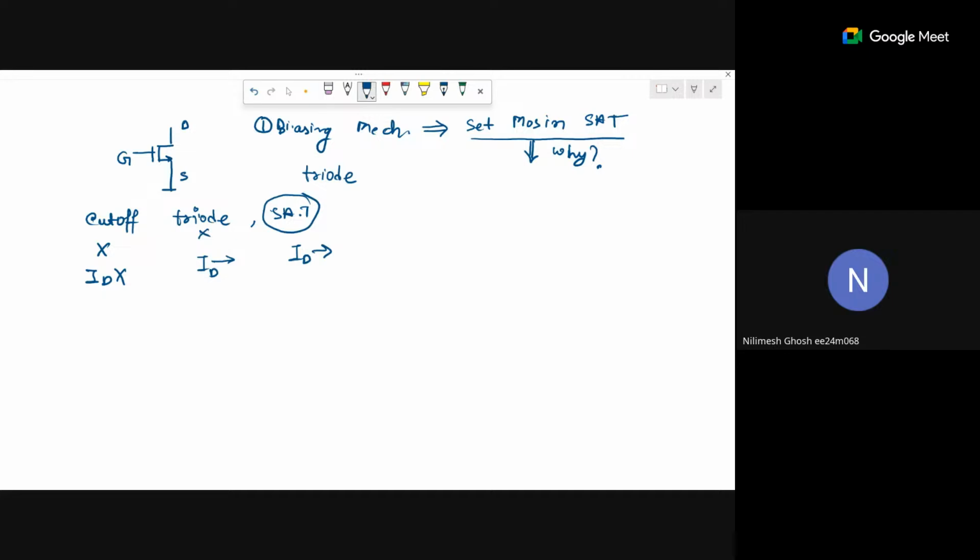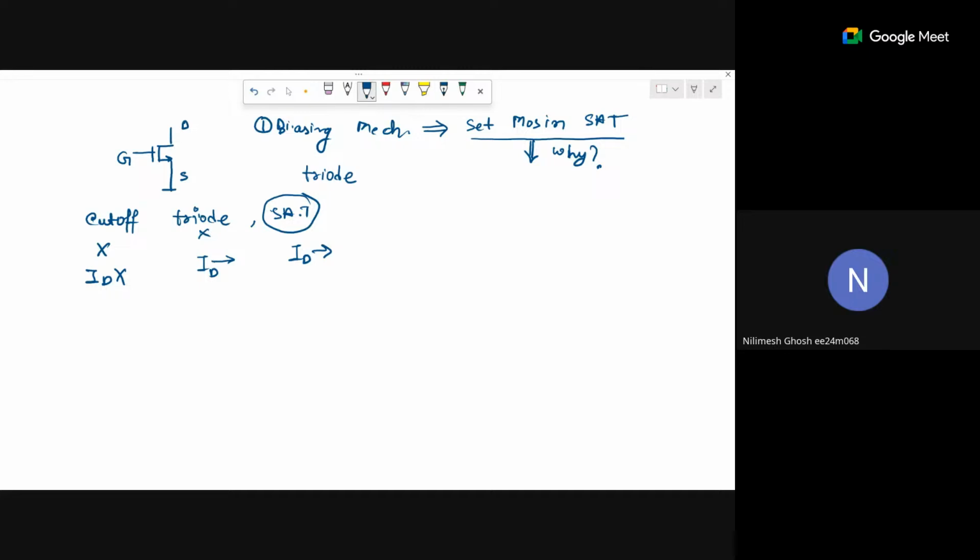At triode region, the current will start increasing. Then what is the problem? Let's say the main point is, the MOSFET should be on. If current is increasing or decreasing, then obviously you are saying that this switch is on.